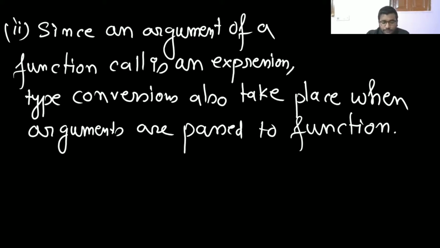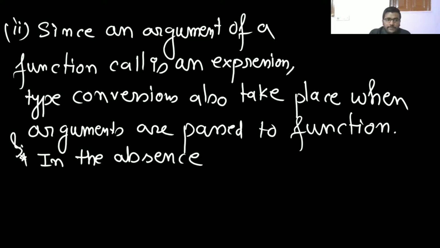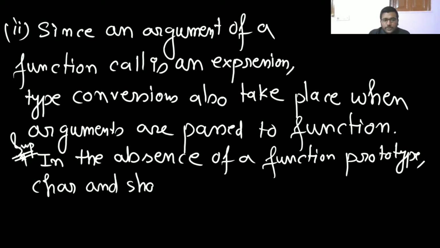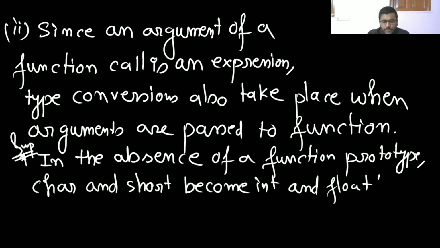In the absence of a function prototype, char and short become int, and float becomes double.